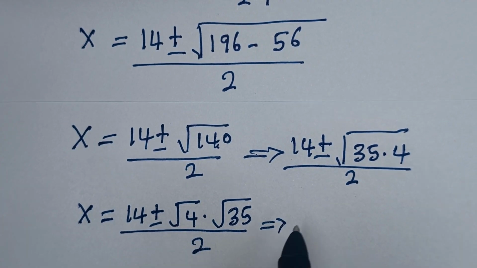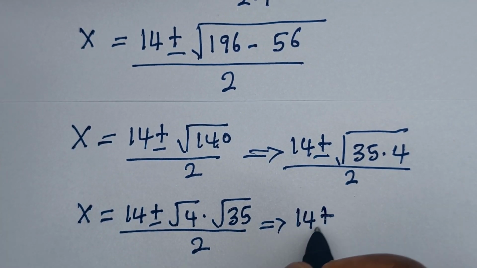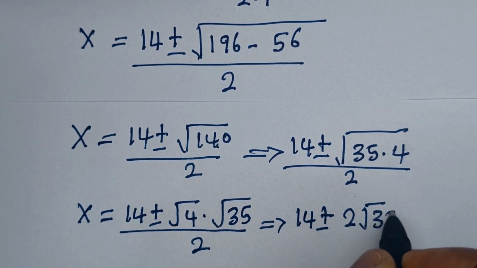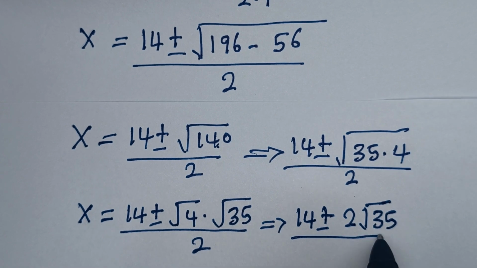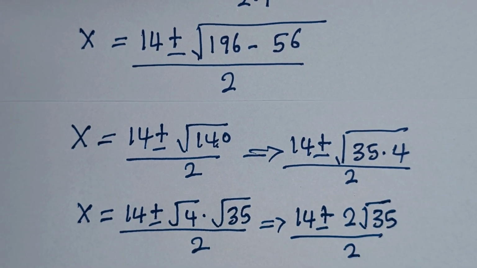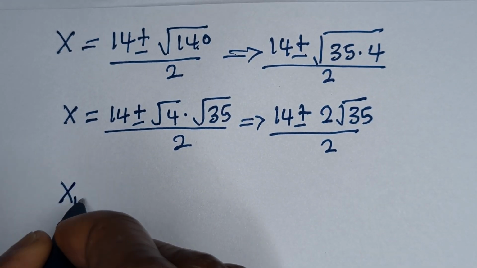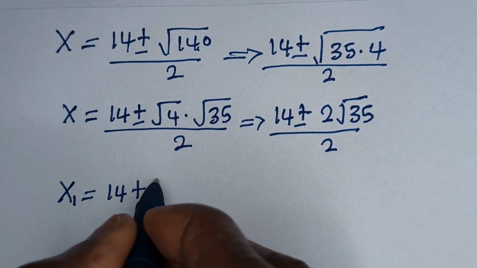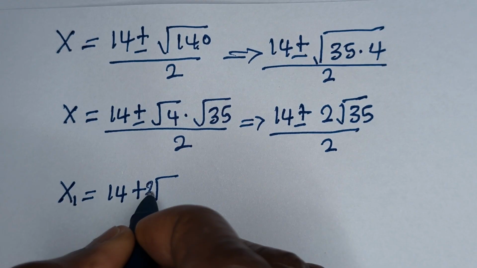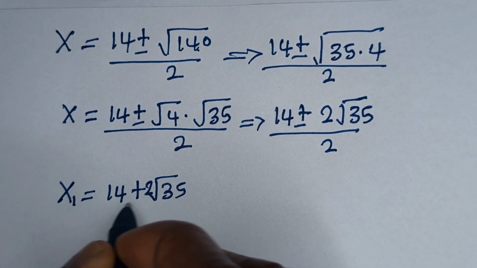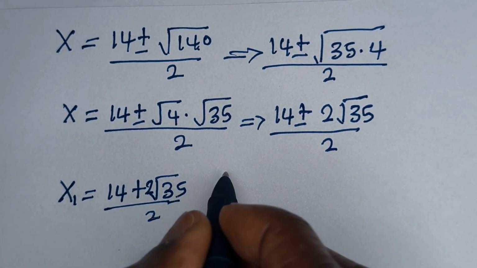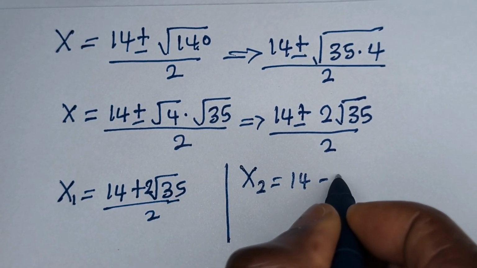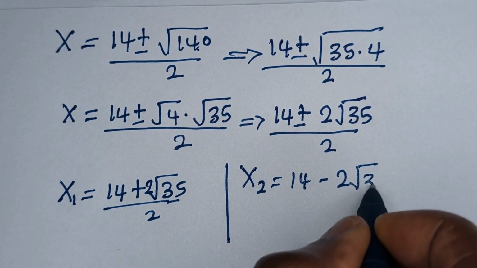And this is same thing as 14 plus or minus square root of 4 is 2, root 35, over 2. x1 is equal to 14 plus 2 root 35 over 2, and x2 is equal to 14 minus 2 root 35 over 2.